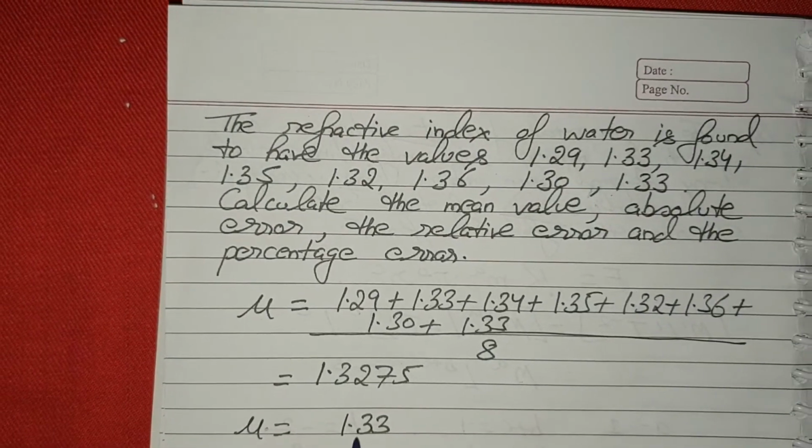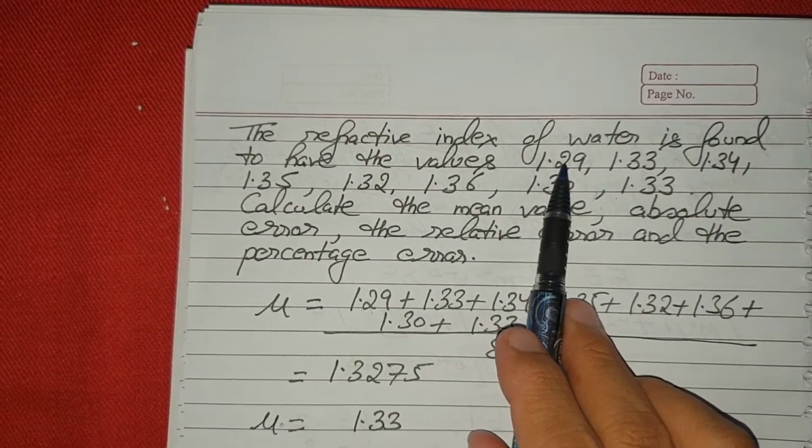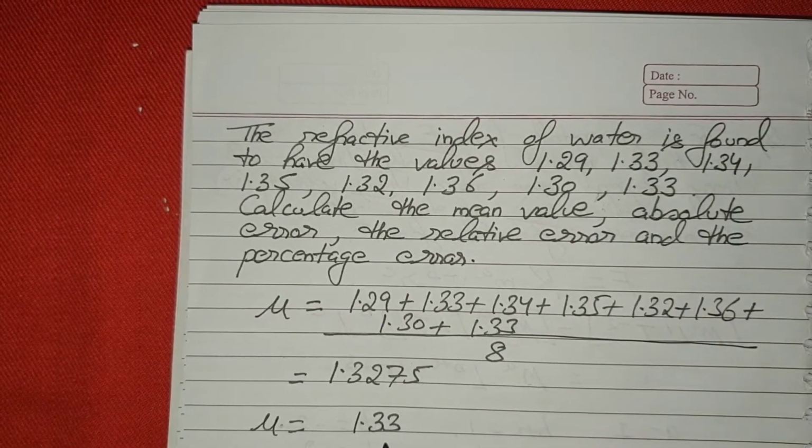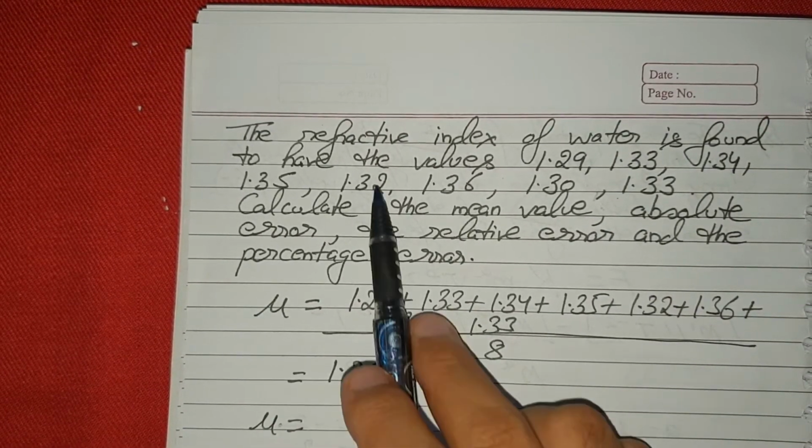Next will be again 1.33 minus 1.33, 1.33 minus 1.34, 1.33 minus 1.35, 1.33 minus 1.32, and so on. We will do that.